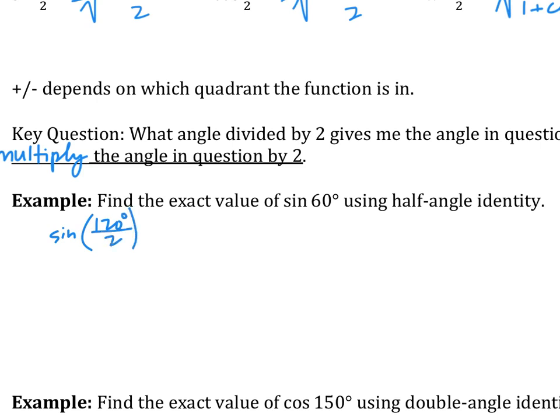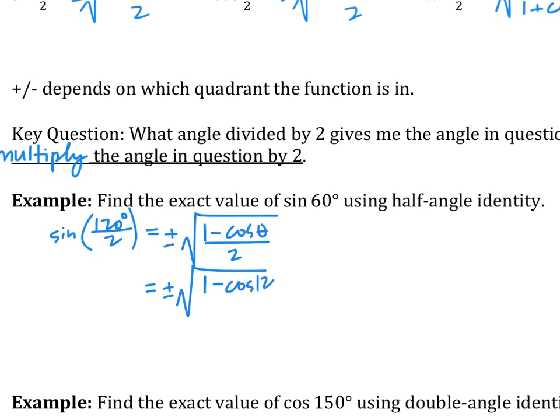Now we're going to use 120 degrees as the angle for the formula. According to the half angle formula for sine, it's going to be the square root of (1 minus cosine theta) over 2. So we're going to put in 1 minus cosine 120 and then divide by 2. Cosine 120 degrees is negative 1/2.